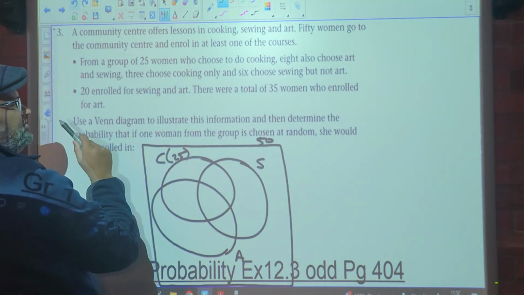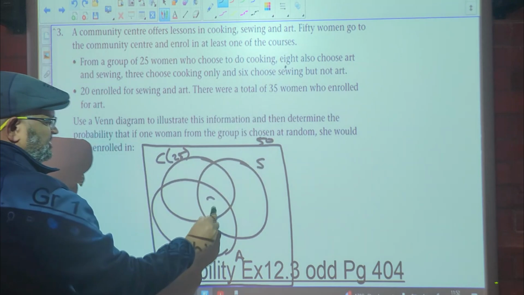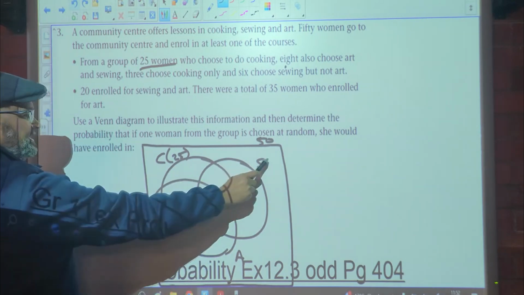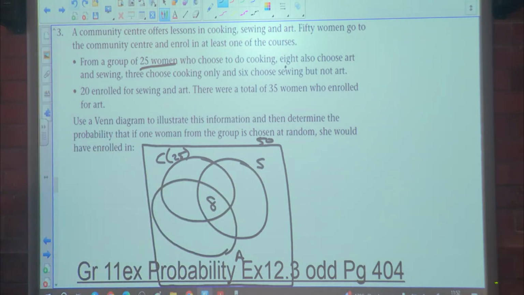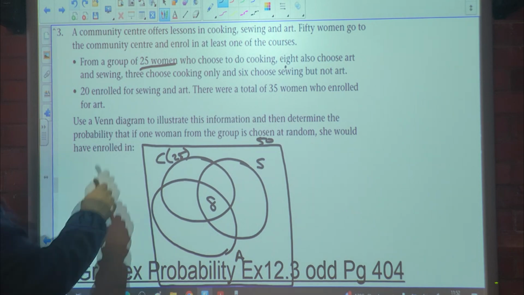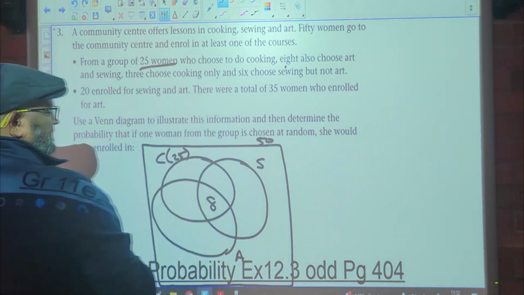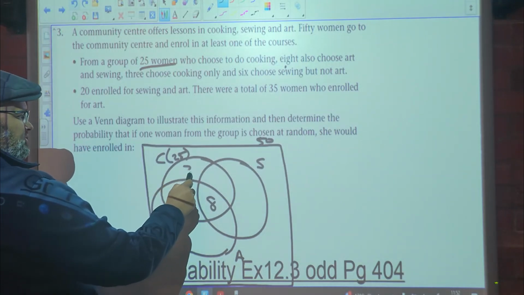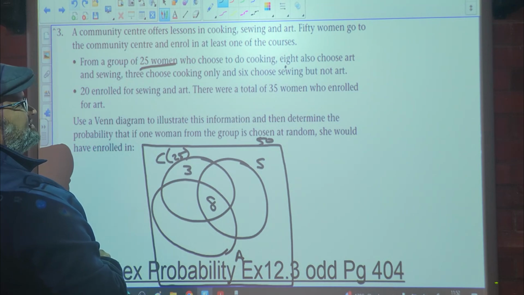So where does that go? In the middle. Why? Because of the 25 who choose cooking, 8 do sewing and art as well. 3 choose cooking only. Where does that go? And it's only. No overlapping, that's it.